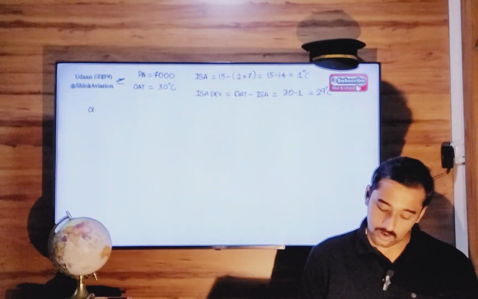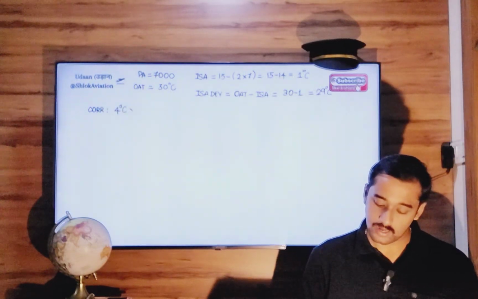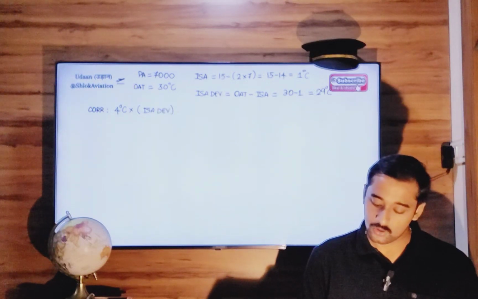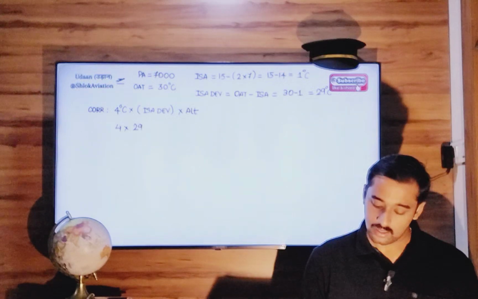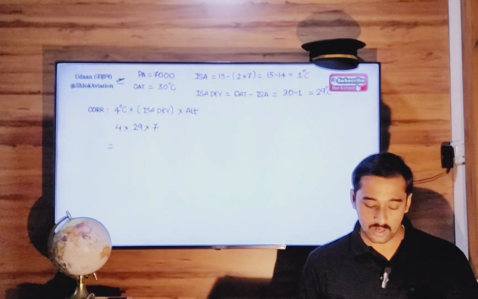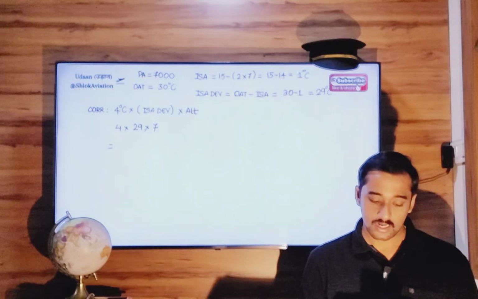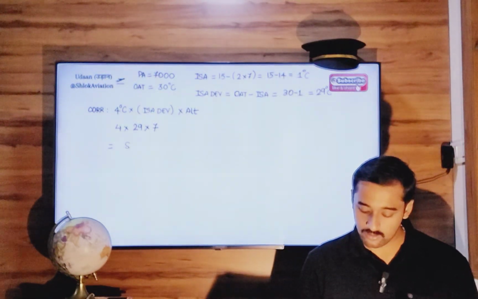So the correction formula is 4 degrees Celsius multiplied by ISA deviation into altitude. So 4 multiplied by 29 into 7,000, so 7. So 4 into 29 into 7 is 812.